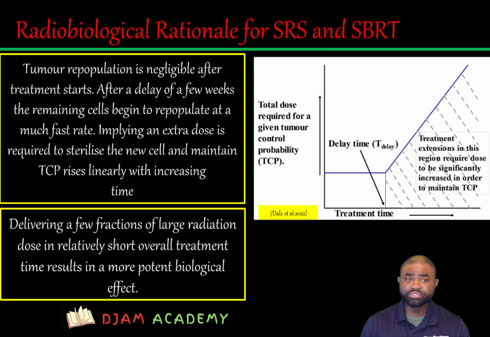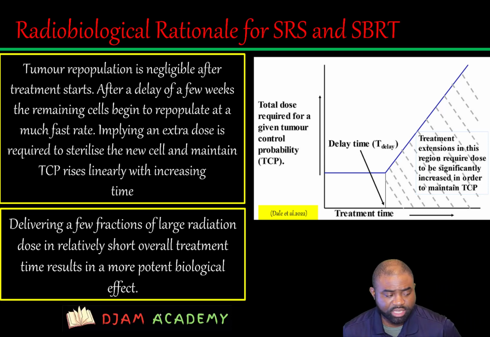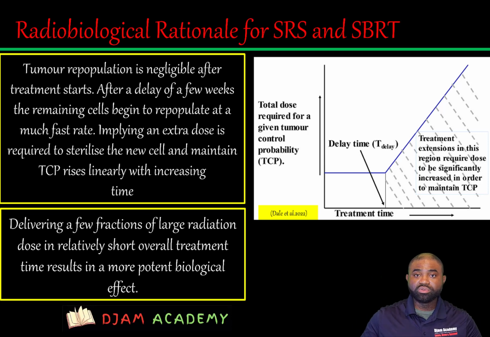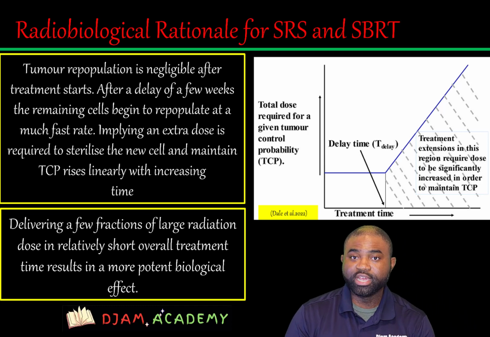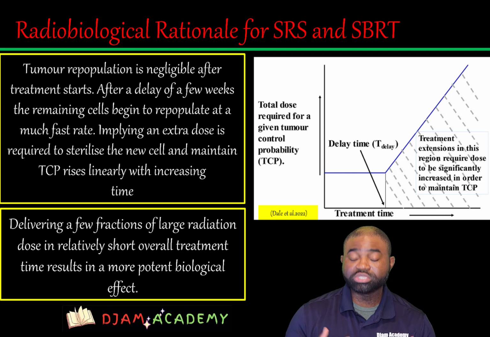Now, the very first reason, this is not found in TG101, I call here a radiobiological rationale for SRS and SBRT. This really looks at the way cells behave when they are irradiated.